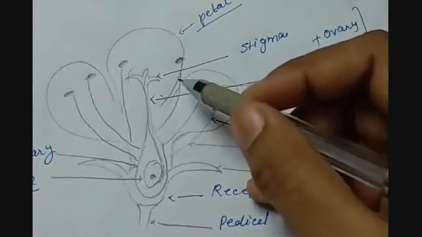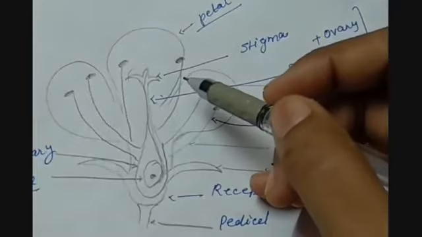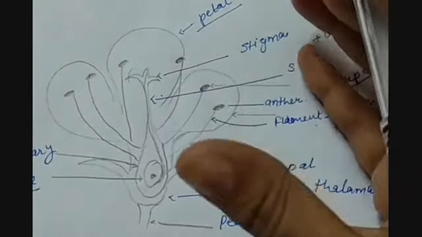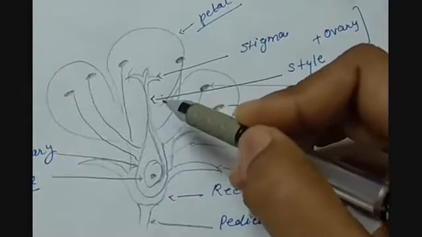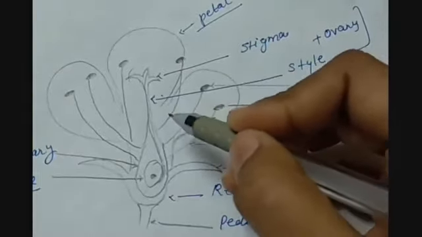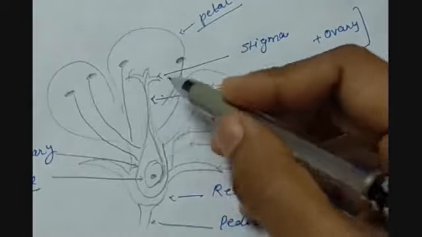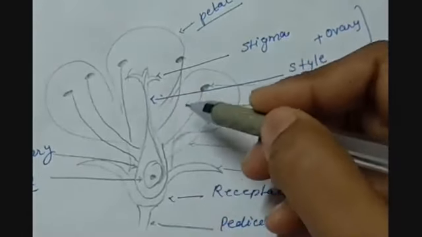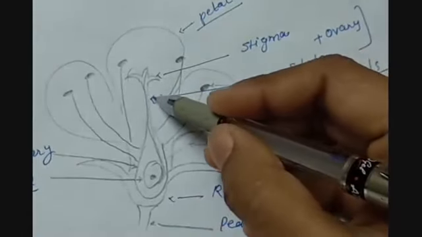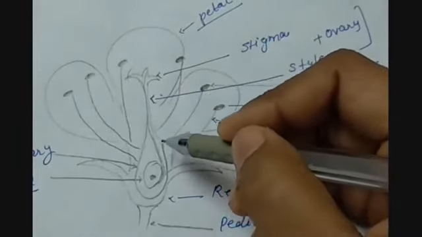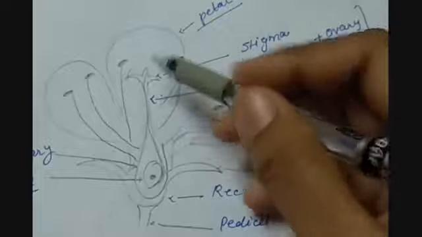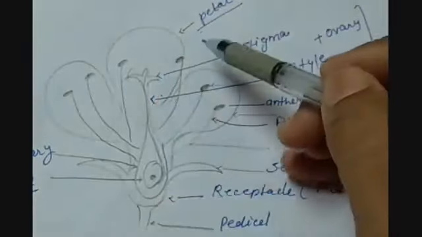Another purpose of having petals is that they protect the male sex organ and female sex organ of the flower. These are soft in nature, so there is a need to protect these parts. It is the petal that protects them.